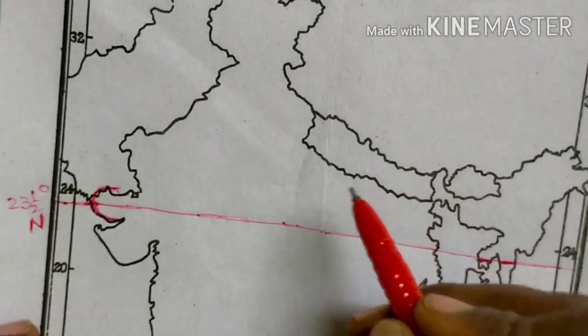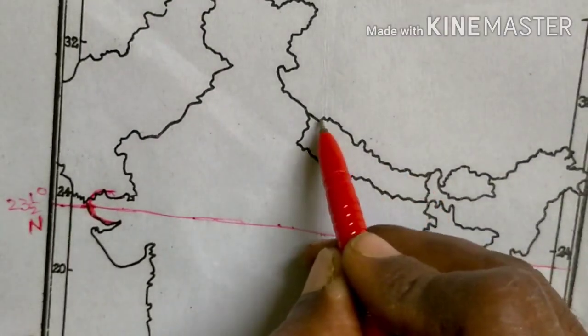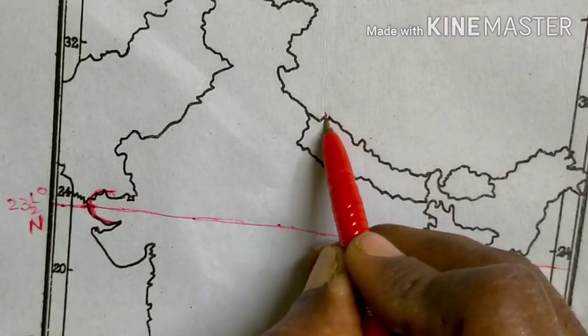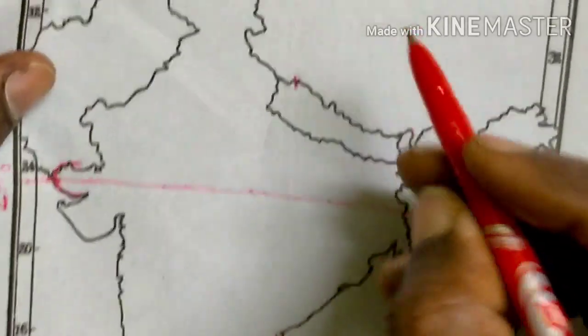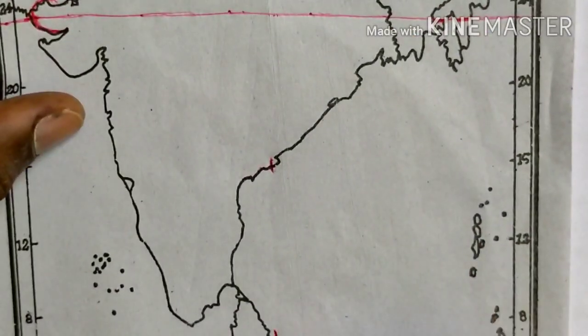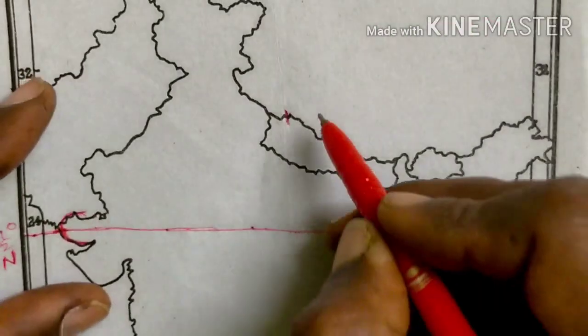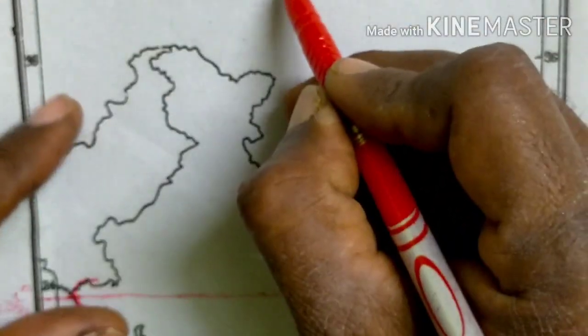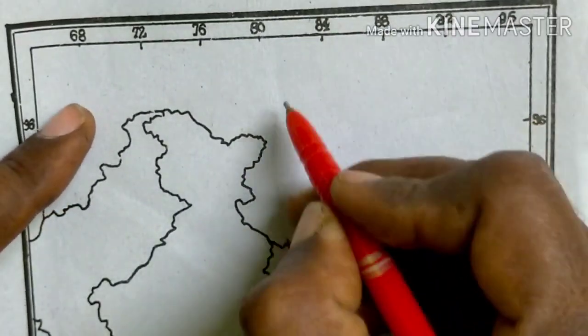And also this is Nepal. Here you put a small line. Now we can easily draw the Indian Standard Meridian by joining these lines.